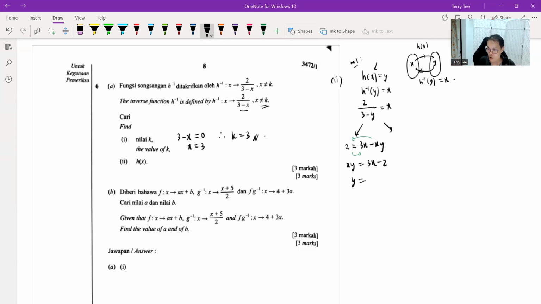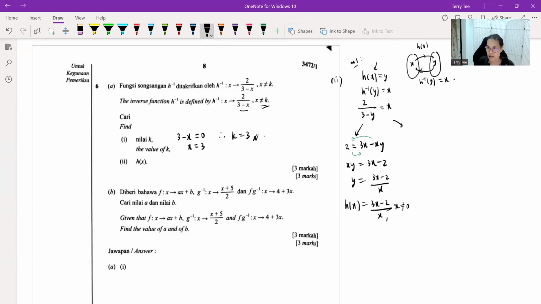So I got 3x minus 2 over x, and my y is my h in hx. So this is 3x minus 2 over x. And since your denominator has x, and your denominator cannot be 0, so we write x not equals to 0.